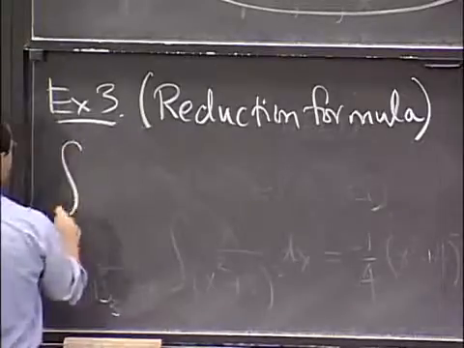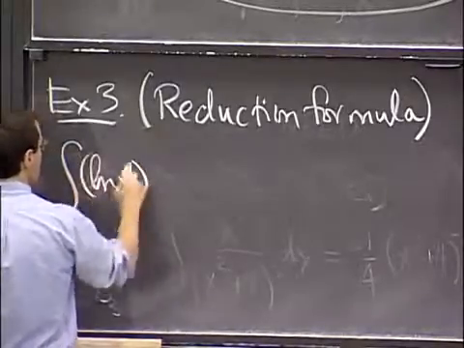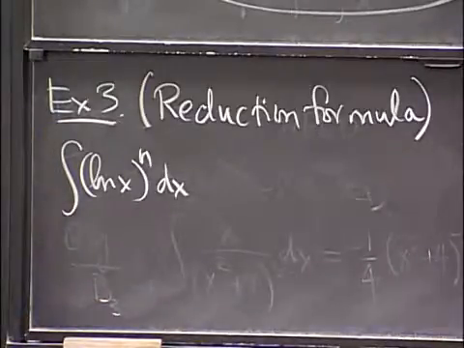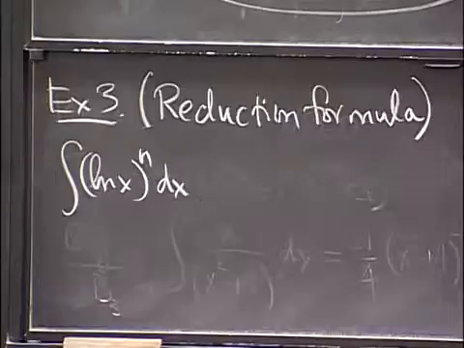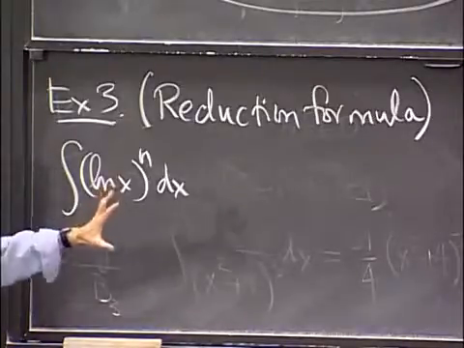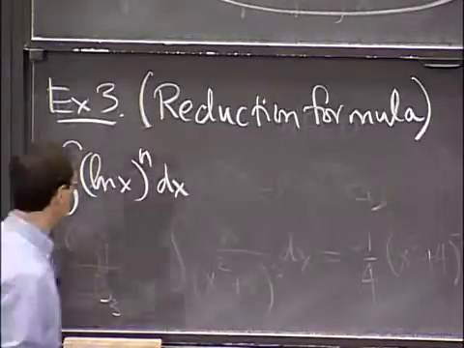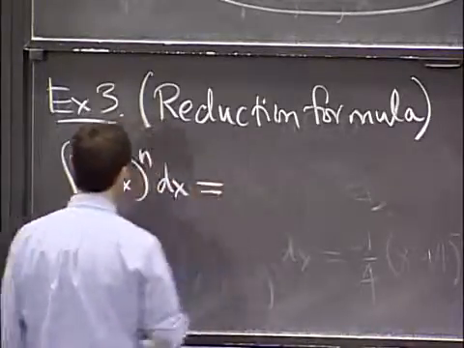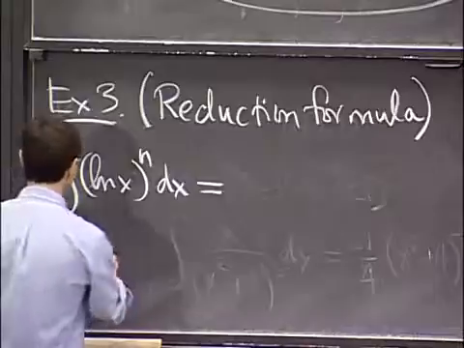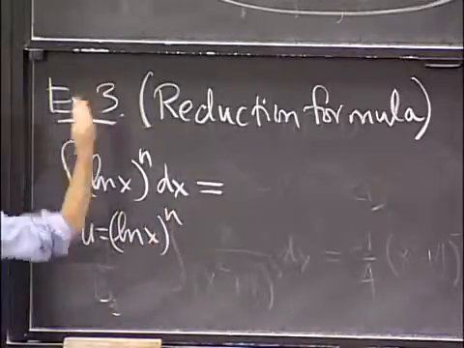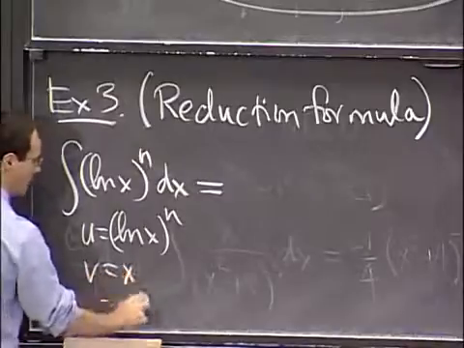So the example is the integral of log x to the n power dx. And the claim is that if I do what I did in example 2 to this case, I'll get a simpler one, which will involve the n minus first power. And that way I can get all the way back down to the final answer. So here's what happens. We take u as log x to the nth power. This is the same discussion as before. V is x.